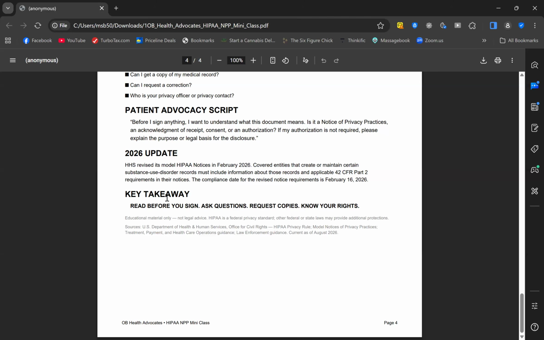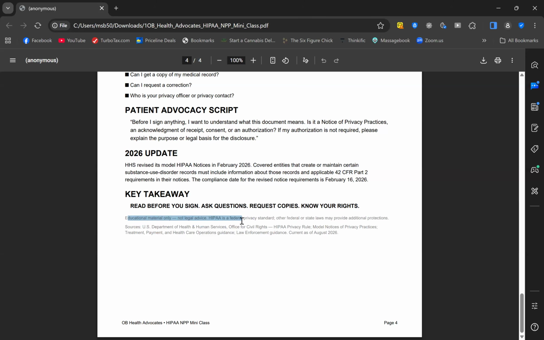So what I want you to take away is this. Key takeaway: read before you sign, ask questions, request copies, and know your rights. This information can be researched. This information is provided for educational purposes and not legal advice.